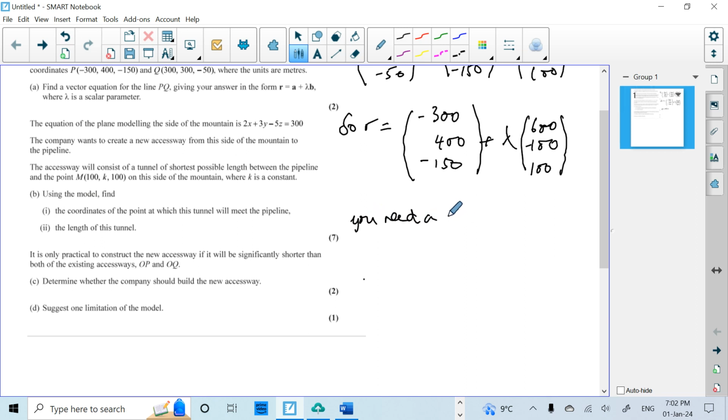You need a point on the plane from the pipeline. Excuse my writing. We need any point on the plane from the pipeline, PQ. So we're going to draw that later.